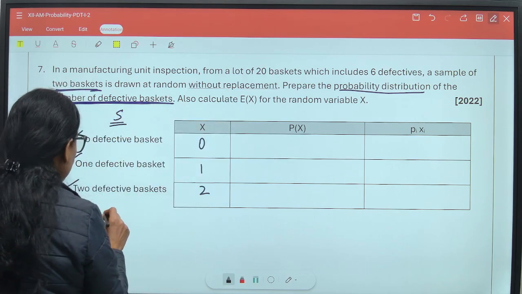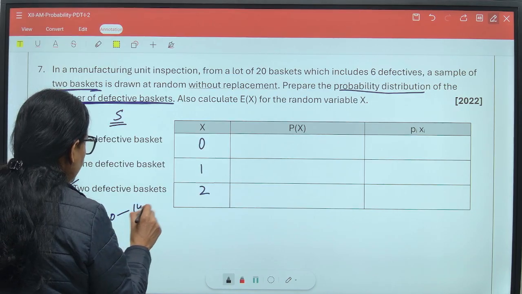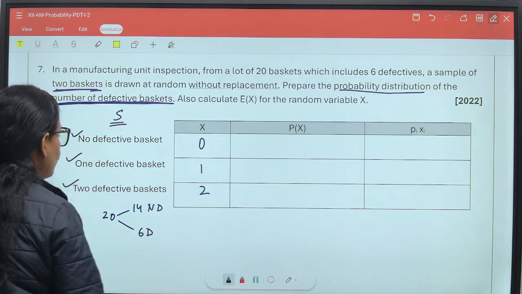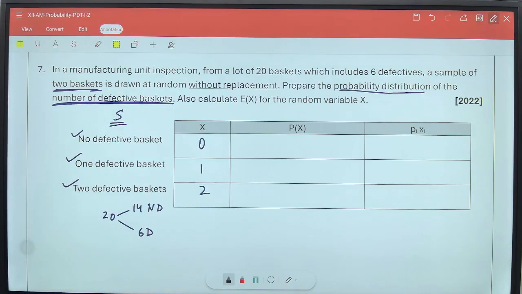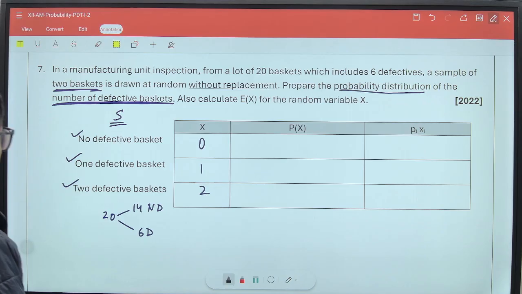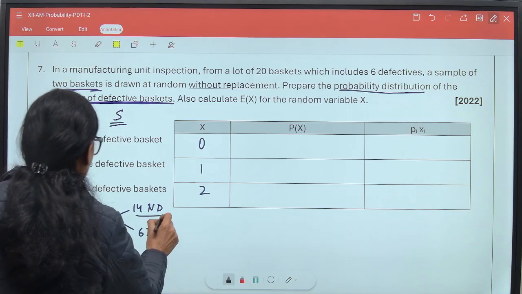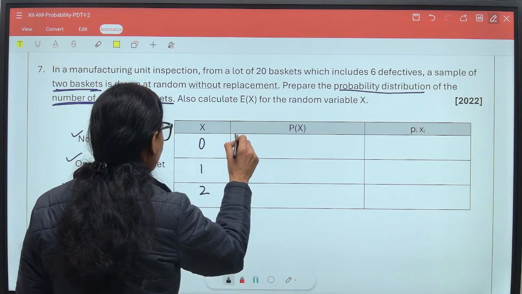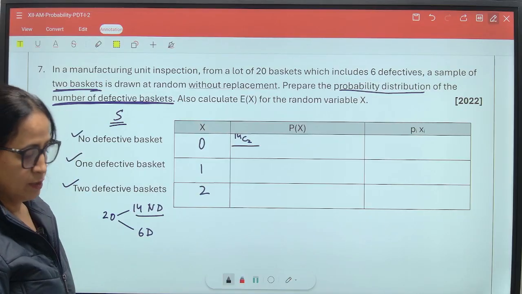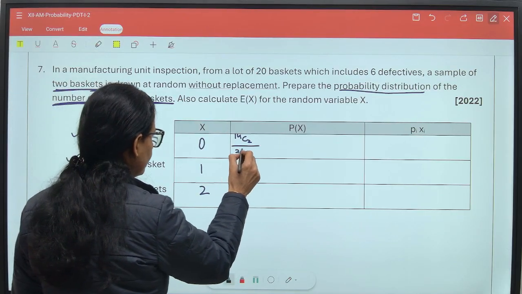Out of 20 baskets, 14 are non-defective and 6 are defective. So what is the probability that you pick up baskets and both come out to be non-defective? That means you have picked them from the 14 non-defective ones, so it is going to be 14C2 out of the total sample space, which is 20C2.